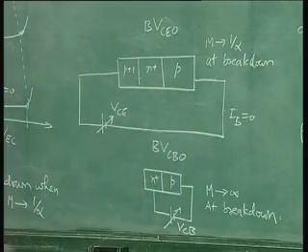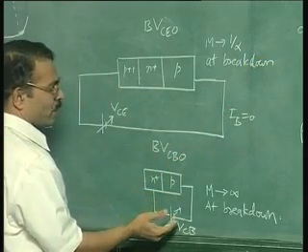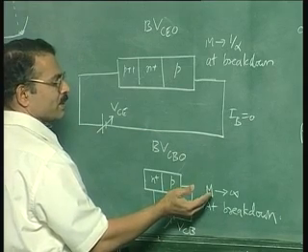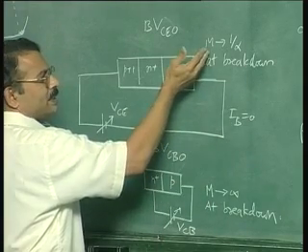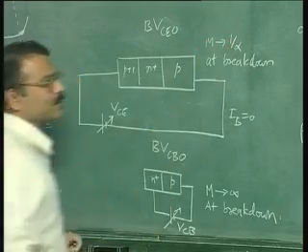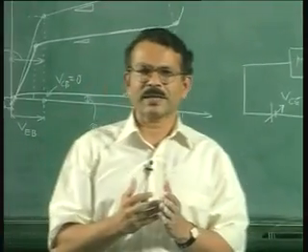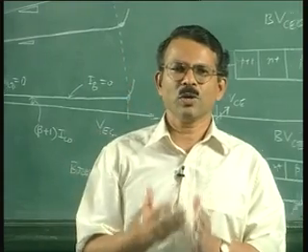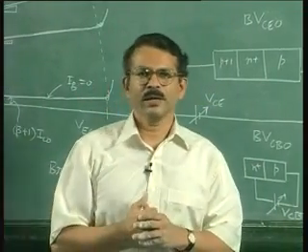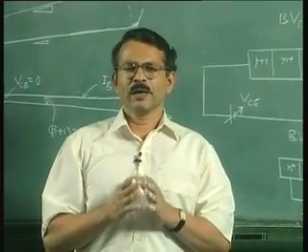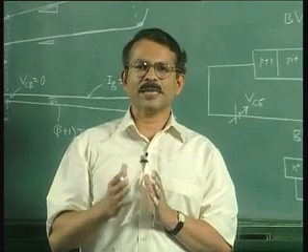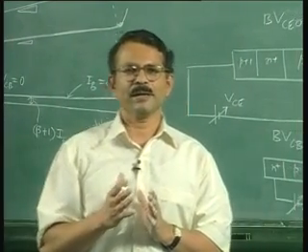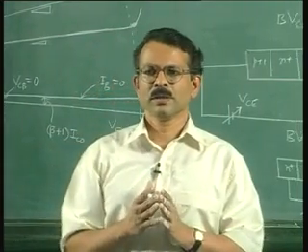So clearly you will need a higher voltage to make the multiplication factor infinity because of impact ionization, than in this case when you only have to reach 1 by alpha, which is very close to 1, a multiplication factor which is just more than 1. To reach that you need a much lower voltage. So this is the reason why breakdown voltage between collector and base with emitter open is much higher than breakdown voltage between collector and emitter with base open.